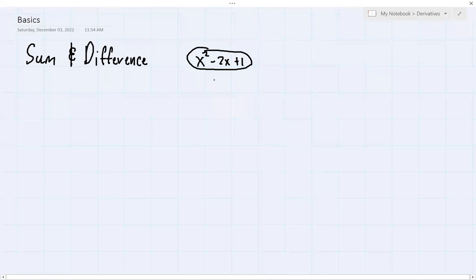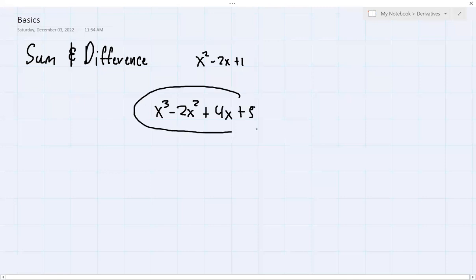Basically, what you're going to do is to differentiate them one by one. Kasi ito sa sum and difference rule of differentiation, hindi mo lang siya ma-apply sa mga basics, kundi ma-apply mo rin yan sa mga advanced na problems. Kunwari, anong derivative ng x cubed minus 2x squared plus 4x plus 5?